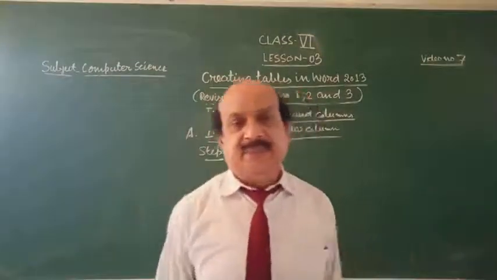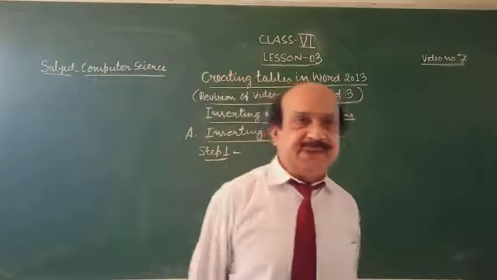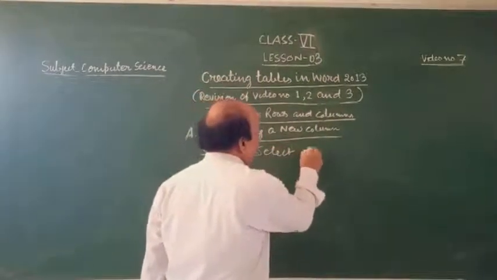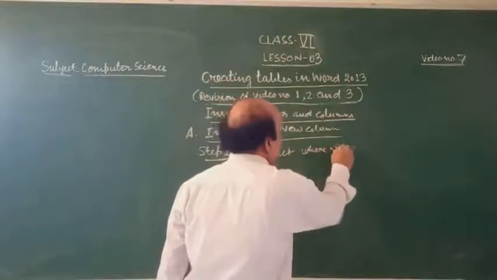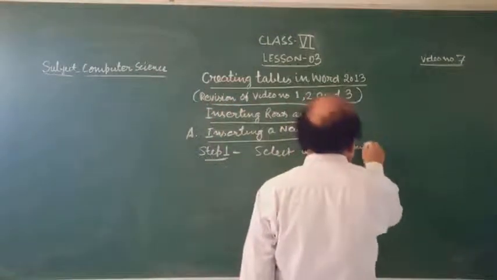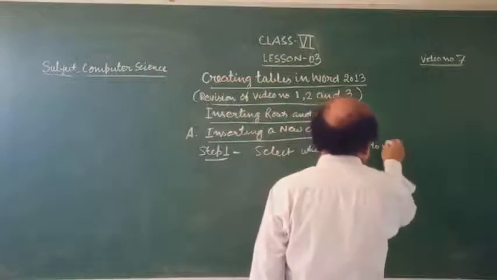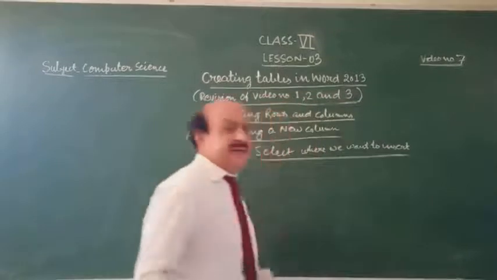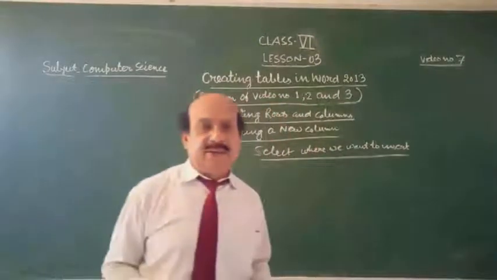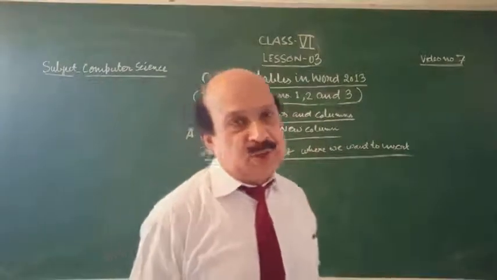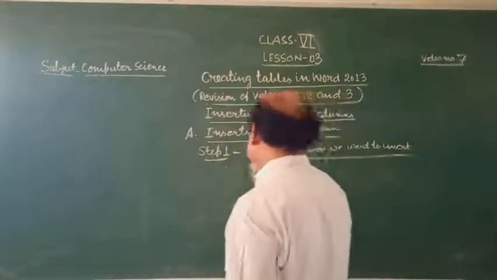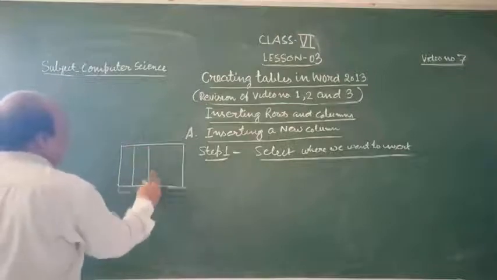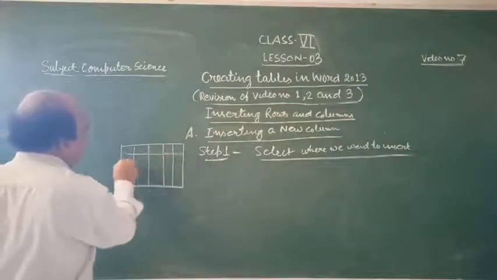Select the cell where we want to insert. See here, the first step what we are taking, select the cell where we want to insert a new column. So it means a table is created, and from the table you have to select where you want to create a new column.